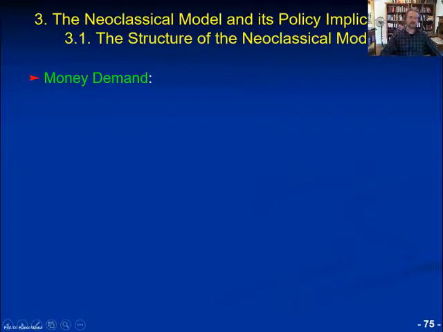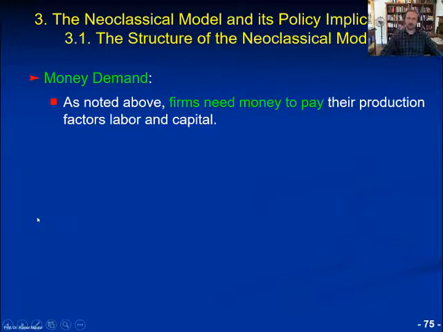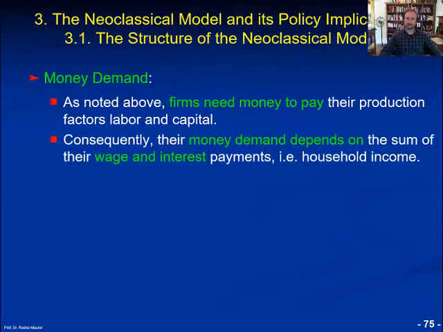Next step is now to determine the money demand. As noted above, firms need money to pay their production factors, labor and capital. Consequently, their money demand depends on the sum of their wage and interest payments, which means it depends on household income.